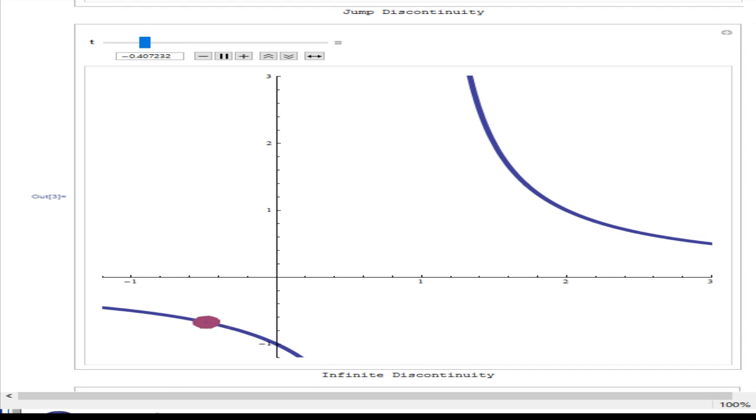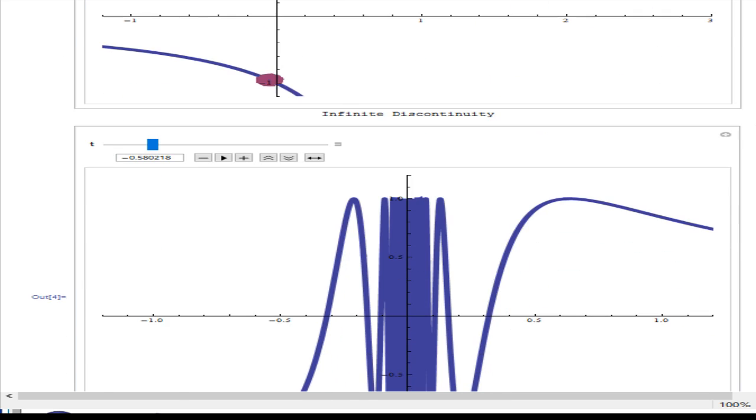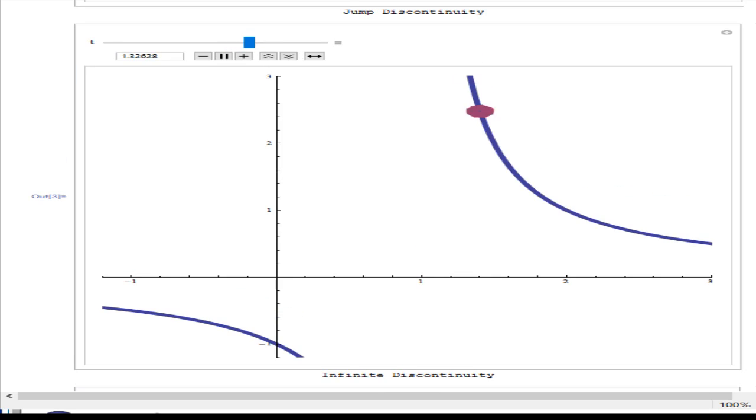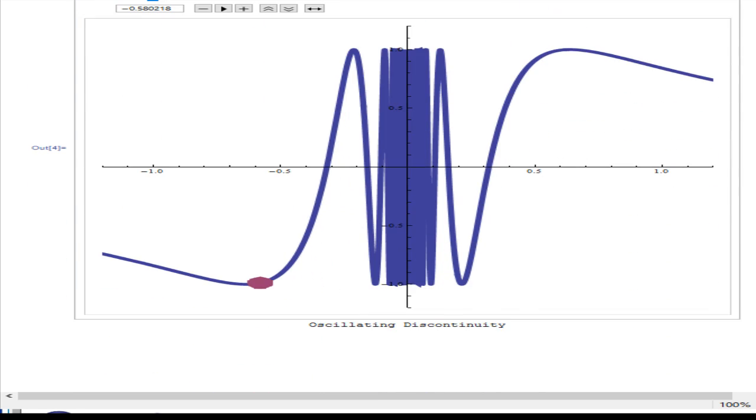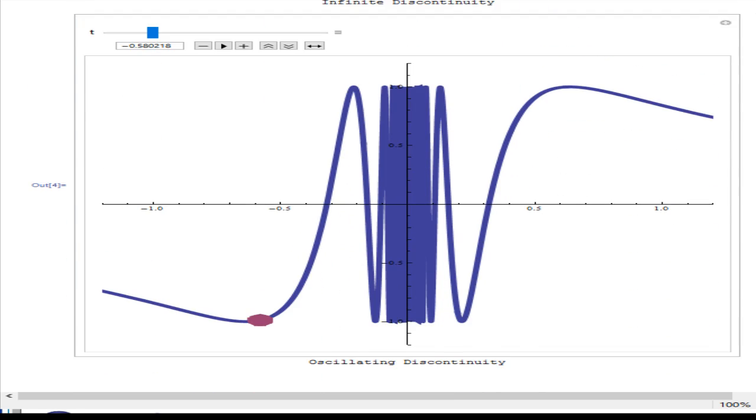Now, the next discontinuity we're going to show is not usually found in textbooks. There are some calculus textbooks that talk about oscillatory or oscillating discontinuities, but I find that that's the minority of textbooks. In this case, the dot actually has to be in an infinite number of places when x is 0.